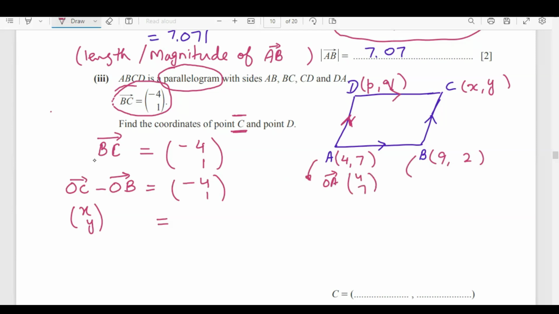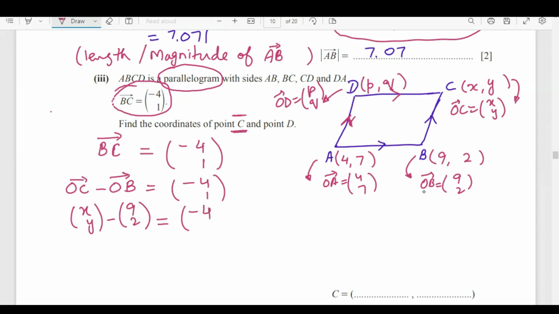OB can be written as 9, 2, O to C equals X, Y, and OD equals P, Q. So X, Y minus 9, 2 equals minus 4, 1.